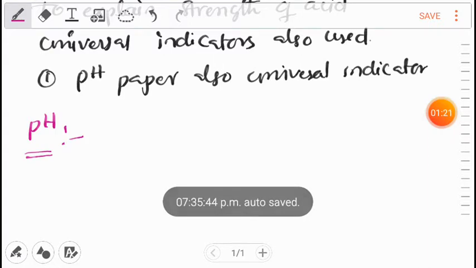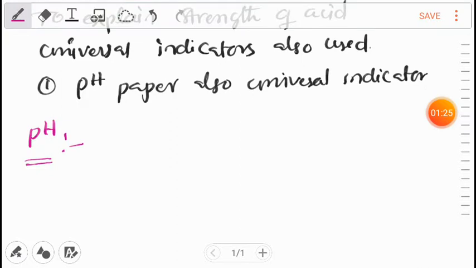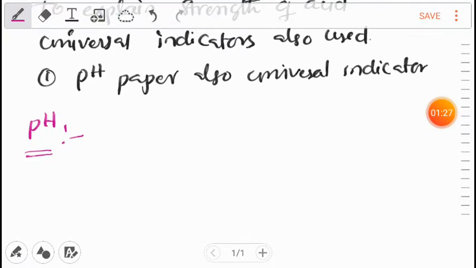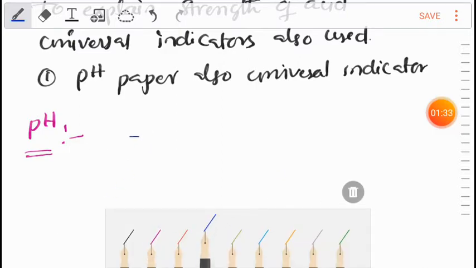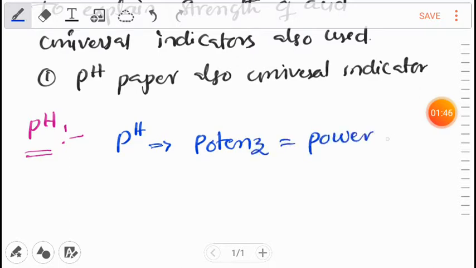How can I explain? We did an experiment in activity 10. In the same way, universal indicators also explain the strength of the acid. What is meant by pH at first? pH is derived from the Greek word potenge, in the sense of power.